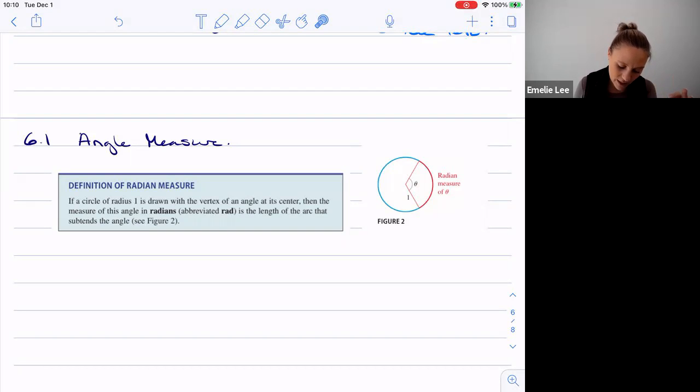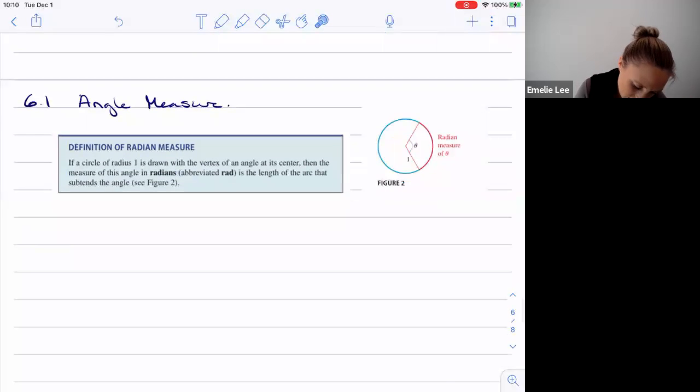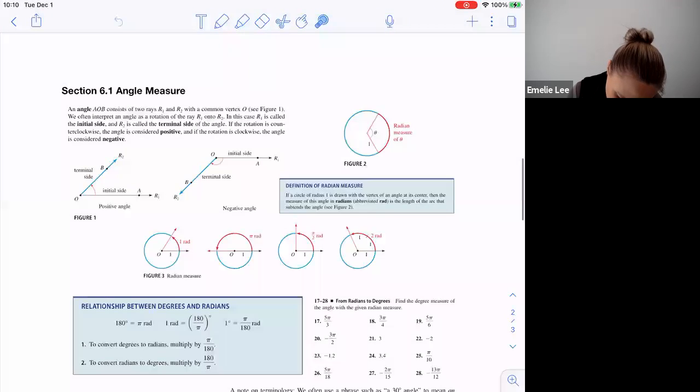So if a circle of radius 1 is drawn with a vertex of an angle at its center, then the measure of this angle, here in the middle, in radians, is the length of the arc that subtends the angle. Okay, so going from here to here, we've talked about things like, and it's even in the notes, so I'm going to grab it there.